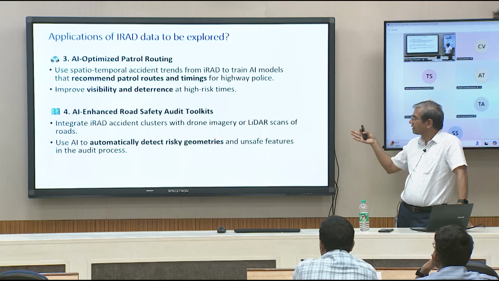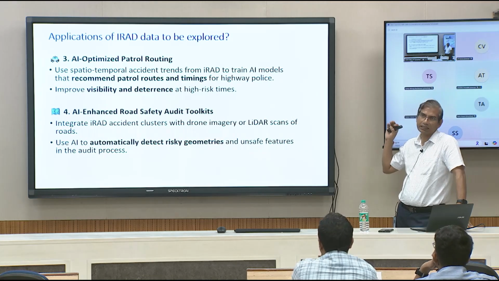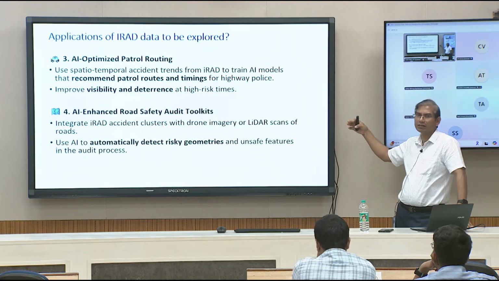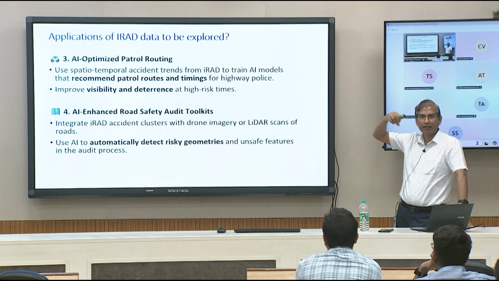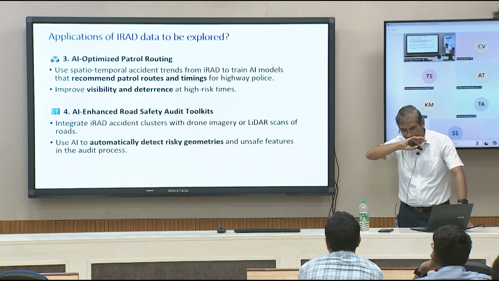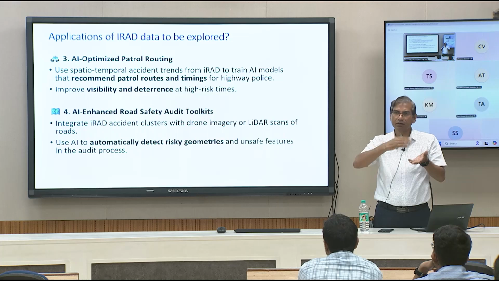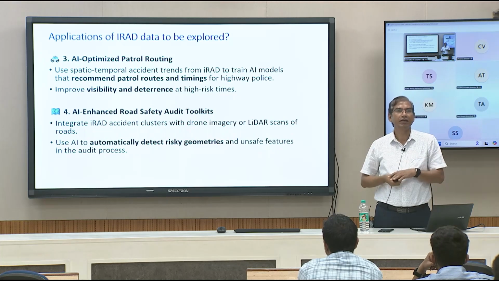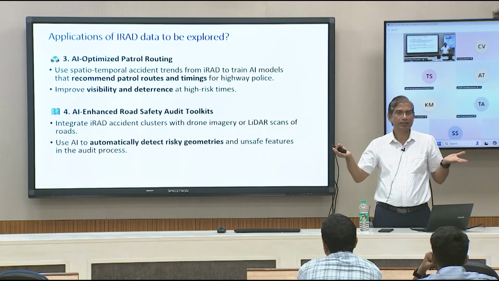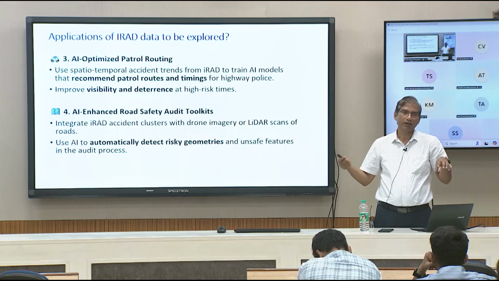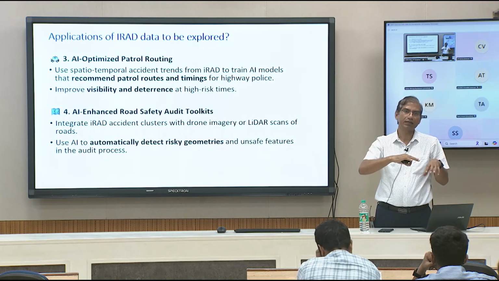Then you can have an AI based safety audit toolkit, where maybe you have past records and you merge them with other data, like drone videos where you are able to generate a 3D plot. Then you will have the surface characteristics, the road geometry characteristics, traffic data, and accident data all together.